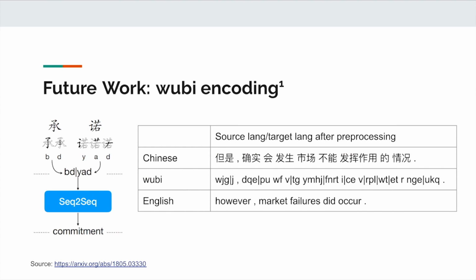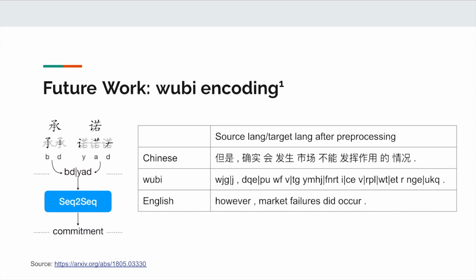So more about Wubi encoding. It's a shape-based encoding for Chinese characters. As you can see, it's based on the strokes when we write the Chinese characters. And every unique Chinese character has a unique Wubi code, even if their pronunciations are different.